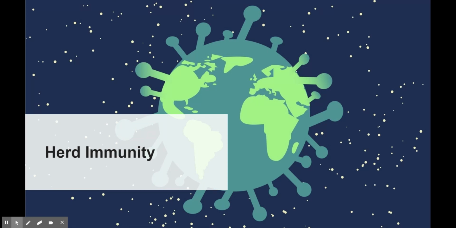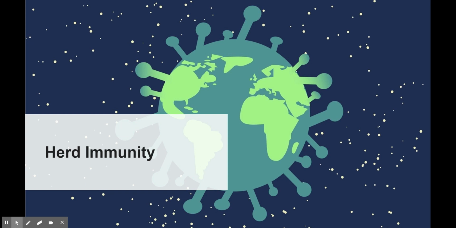So when a disease like COVID rampages through a population that has never encountered it before, it is a new virus. Everyone theoretically is susceptible. This is a concept called herd immunity.